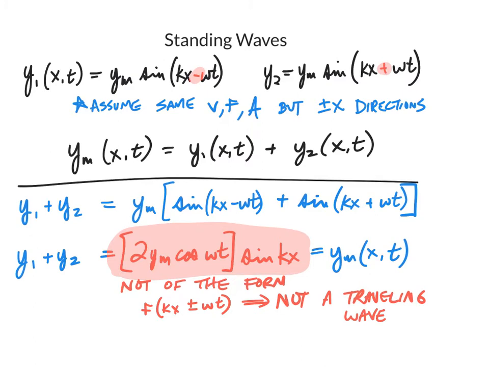But because it has no varying phase angle, okay, there's no offset to it at all, it's a standing wave. All right? So if it's not a traveling wave, then it's a standing wave.